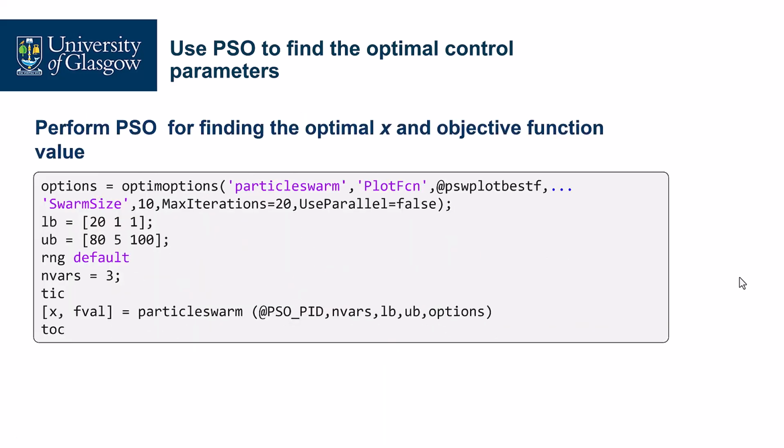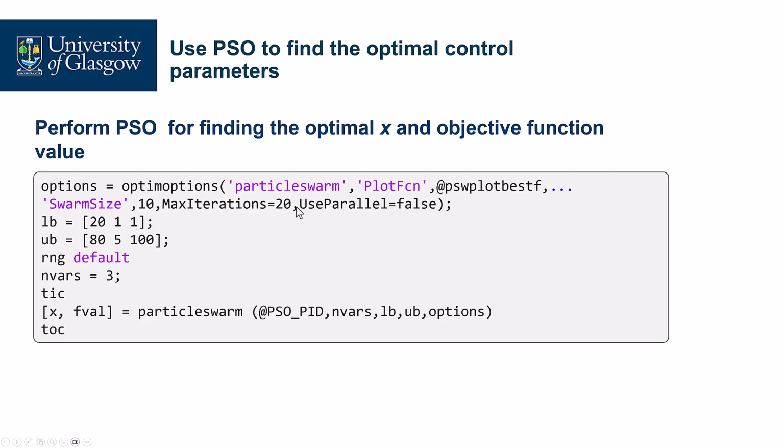Then we will carry out the PSO optimization of this PID control system. As we can see, I first use optimoptions. We set several things for the PSO optimizer. This one, we want to get the convergence trend. The swarm size, we say, okay, 10 particles.